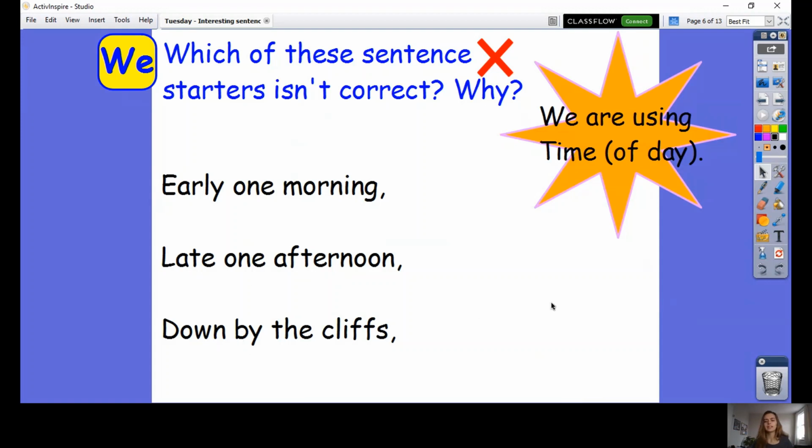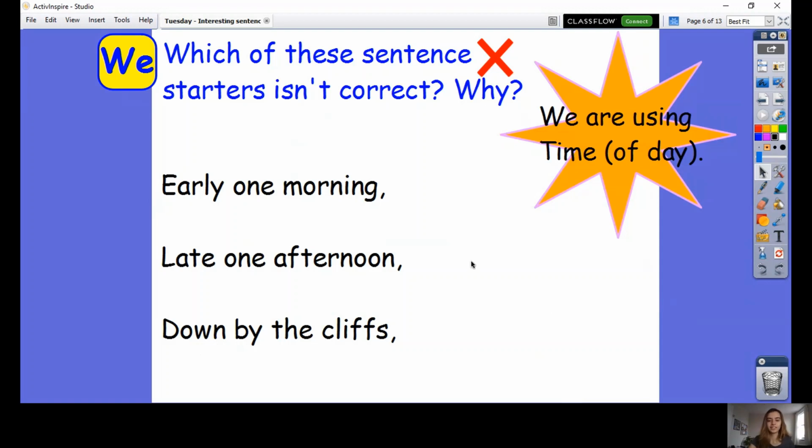Which one isn't a sentence starter about the time of the day? I'm going to give you 10 seconds to have a think. Okay, did you spot which sentence starter isn't the time of the day?